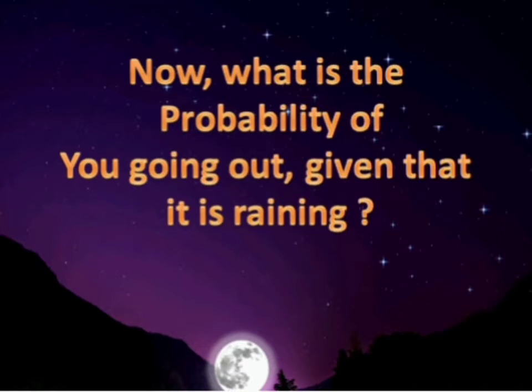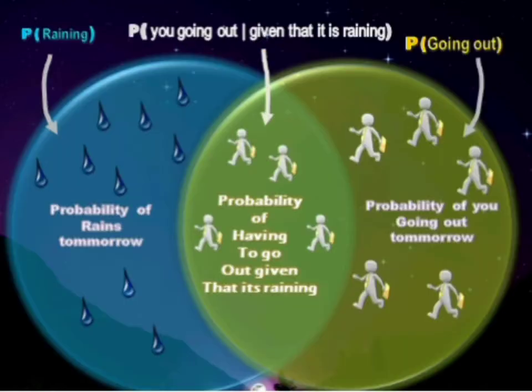Now imagine you are asked to find the probability of you having to go out, already given that it is raining. So listen to this carefully. It is already given that it is raining, and now you have to find out the probability of you having to go out. So given that it is raining, you have to remove this probability from the equation.